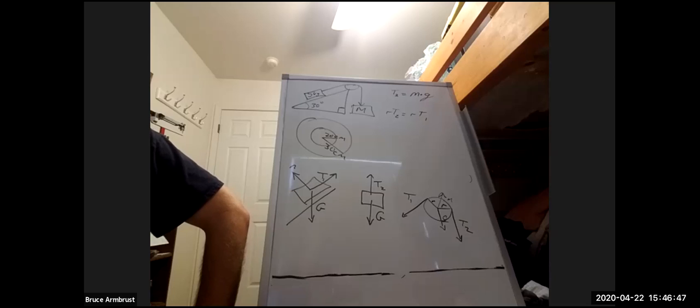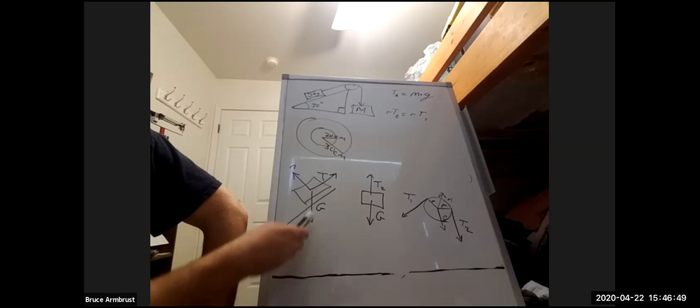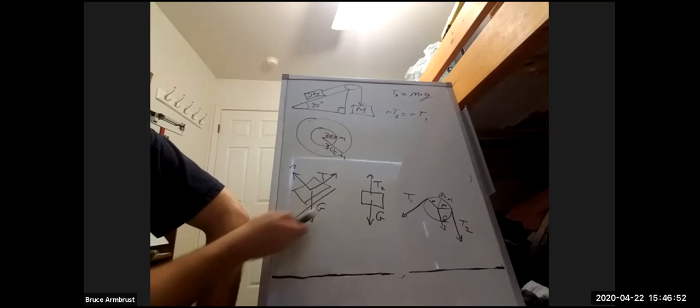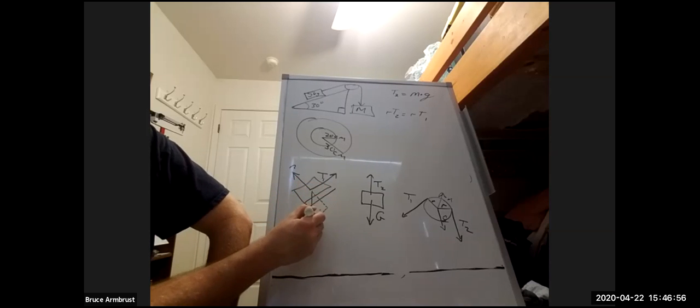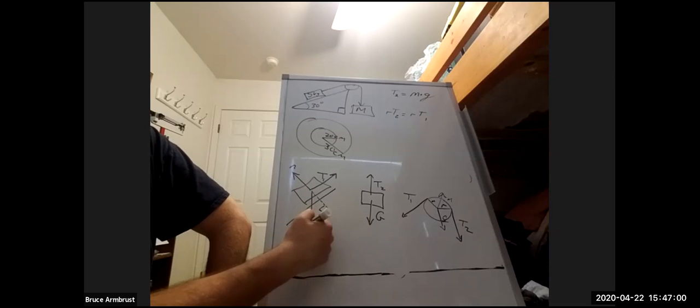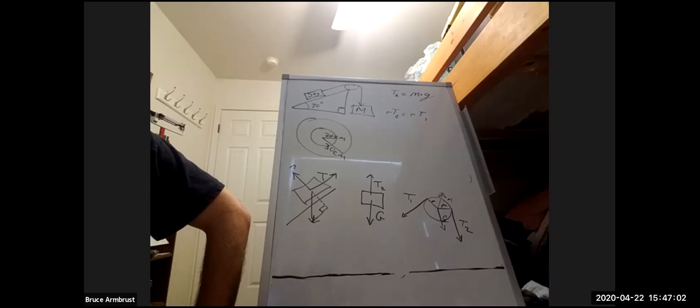And that tension is going to come from the component of gravity that's pointing down the slope, right? So you remember doing this. And basically, I need to figure out what this component is. And that's where we're going to use our trig.